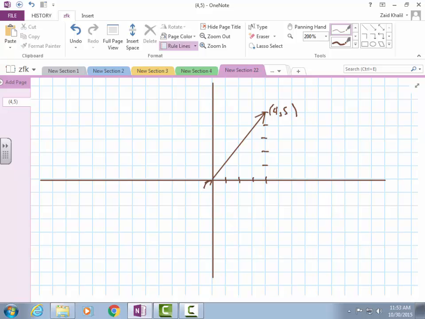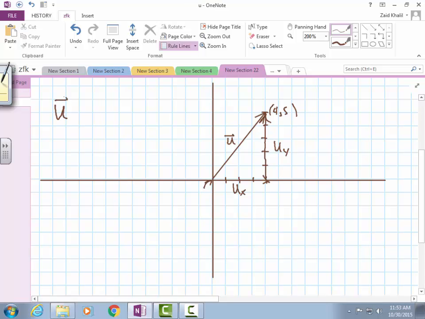So now the question is what can you do? So here's U. What can you do with U? Well, one thing you can do is you could say, actually, U is the sum of two vectors. One vector, which is purely in which direction? The horizontal direction, and another vector, which is purely in the vertical direction. So I'll call this Ux, and I'll call this Uy. And as you can see, U is equal to Ux plus Uy.